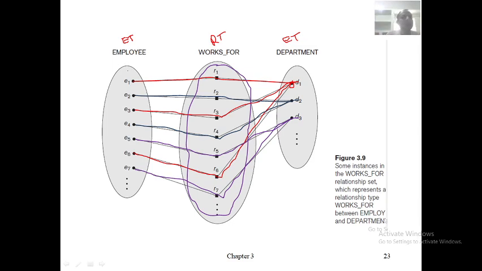And similarly E1, E2, E3, E4 up to E7 are the entity sets. Similarly D1, D2, D3 are again entity sets, which represent the relationship type works for between employee and department. Is this diagram understood?